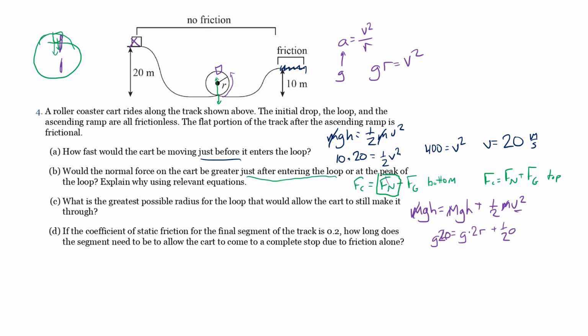V squared is equal to gr. Nice. G's cancel now as well. So we're going to have 20 is equal to 2r plus half of r. So 20 is equal to 2.5r. So r is equal to 8, right? Yeah, 8 meters, because that's the radius.